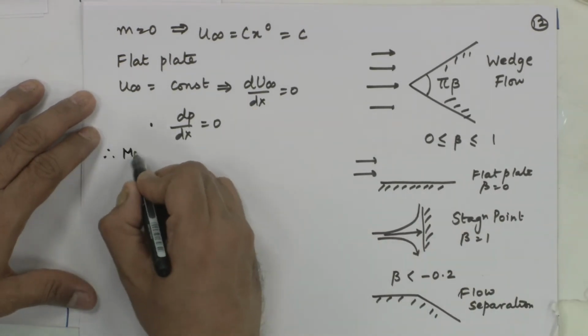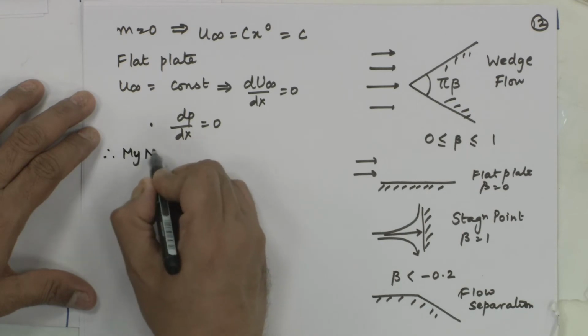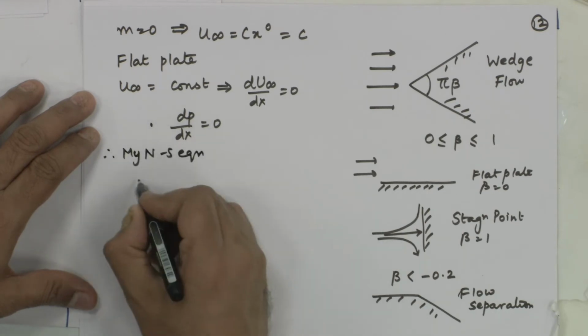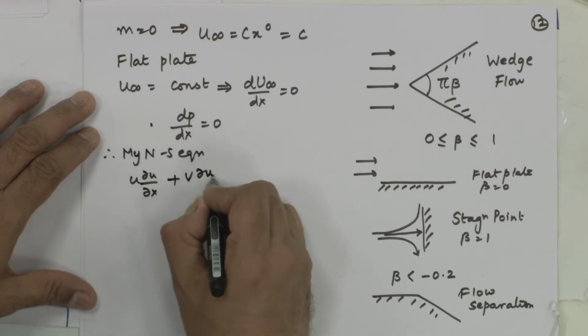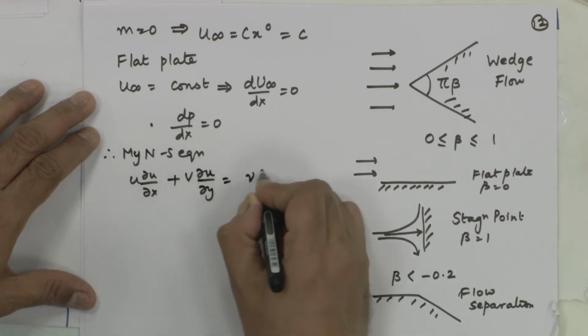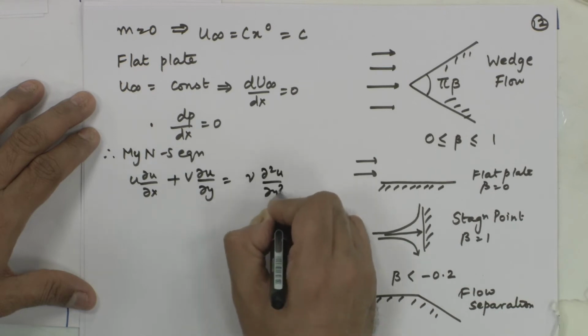Therefore, my Navier-Stokes equation becomes u du by dx plus v du by dy is equal to nu d squared u by dy squared.